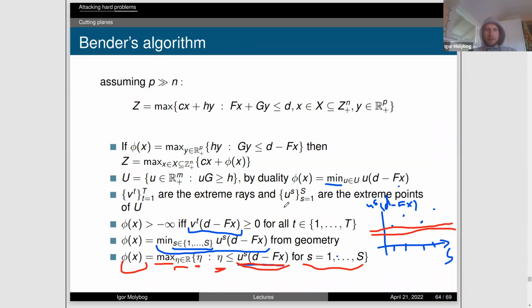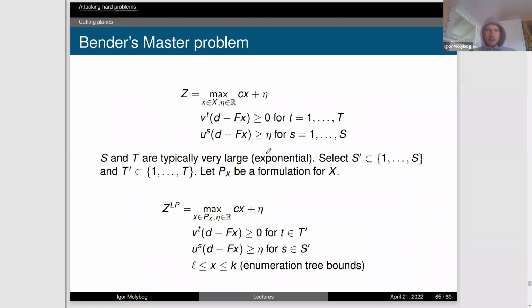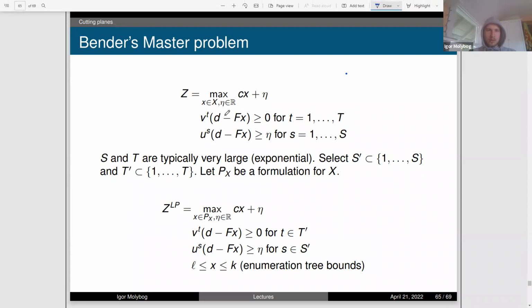So now putting all of this together, this point over here, this point over here, and also this point over here, we can write down that our value of z is equal to the maximum over x's that belong to capital X and over all real eta of cx plus eta, subject to two sets of constraints.